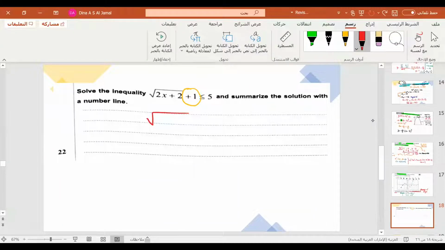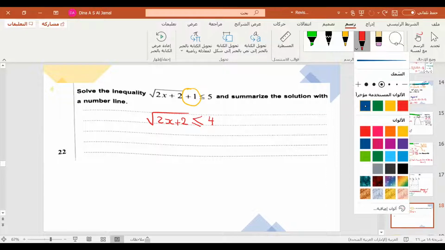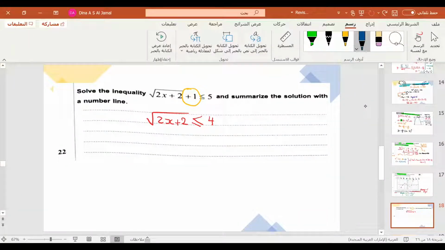So it will be the square root of 2x plus 2 less than or equal to 4. In my previous video, I showed you how you can solve the absolute value and how you can later reject the value, how you can put the domain. So from the beginning now, I will be finding the domain. You can watch the previous video.